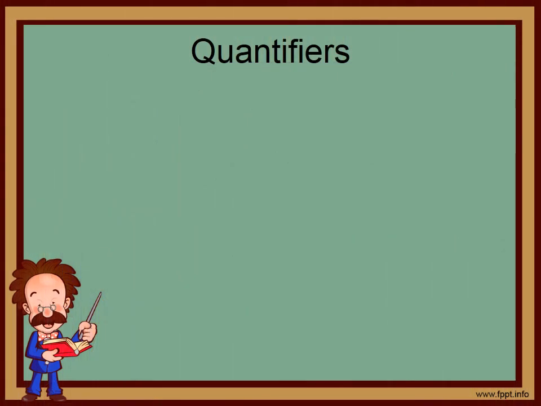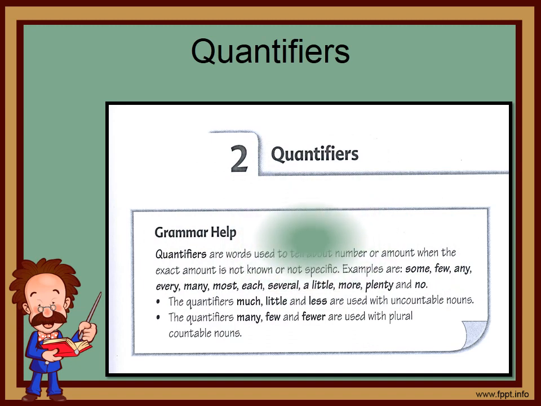First of all, let's see what quantifiers are. Here is grammar help for you. Quantifiers are words used to tell about number or amount. When the exact amount is not known or not specific, then we use quantifiers.